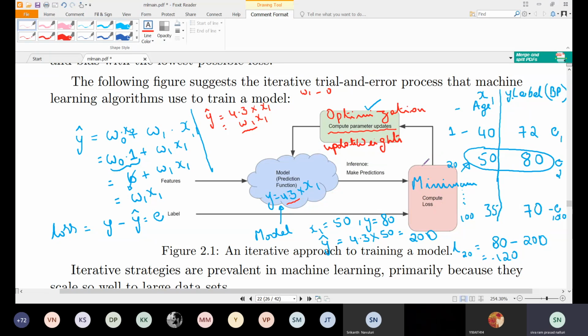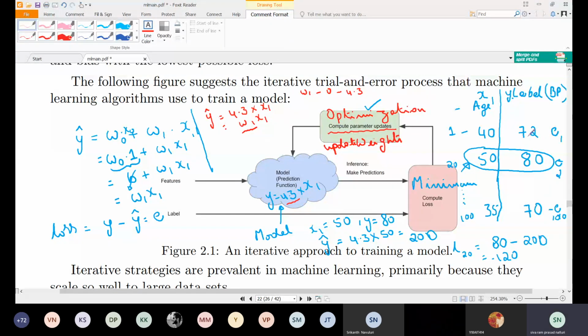Okay, so since the error is high, this optimization technique will change the weight. Instead of 0, it will make the weight 4.3. Update the weight. Now using the updated model, or the second model, first model is with weight 0, second model is with weight 4.3, once again do predictions.